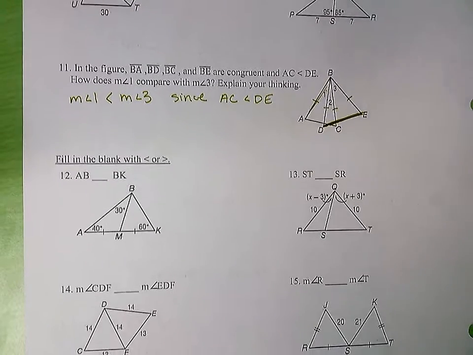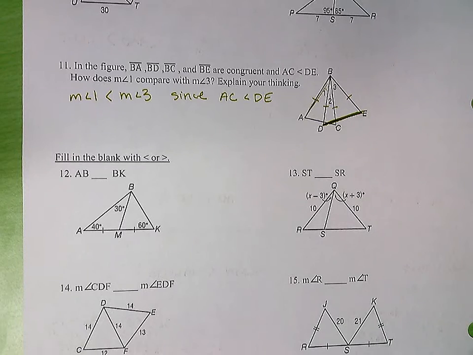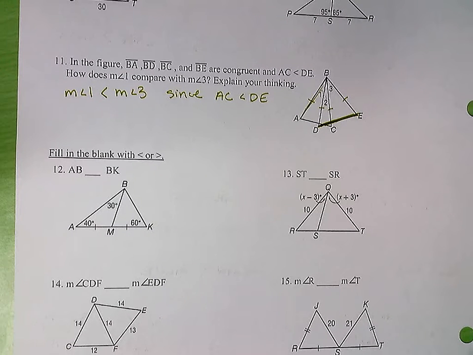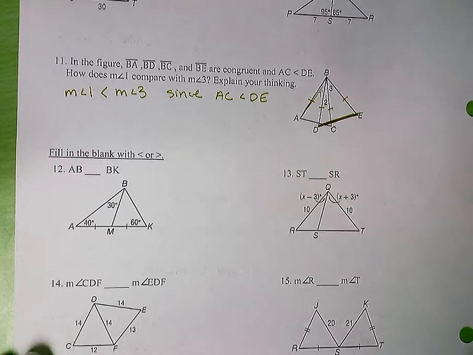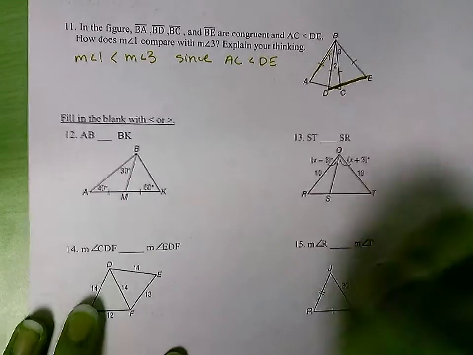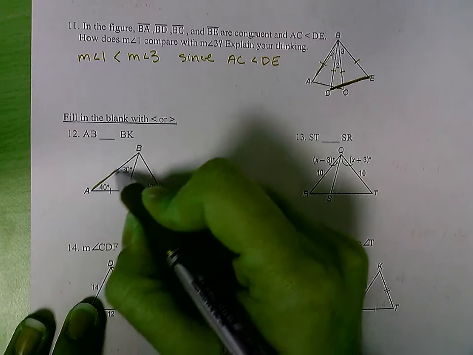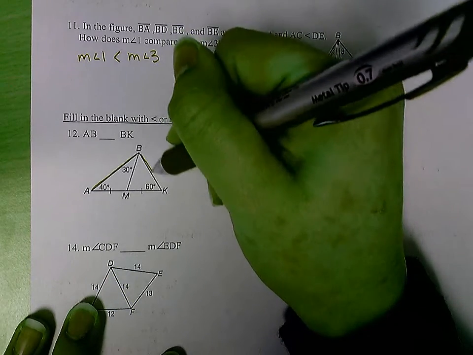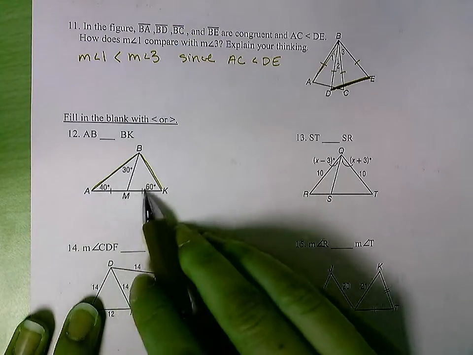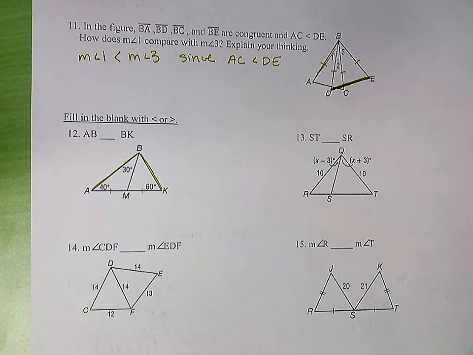All right, the last couple here, we're just filling in the blank again with less than or greater than. So number 12, we're going to compare side AB and BK. Well, if I look at the angles opposite those sides, they're not there. However, I can find their angle measure.